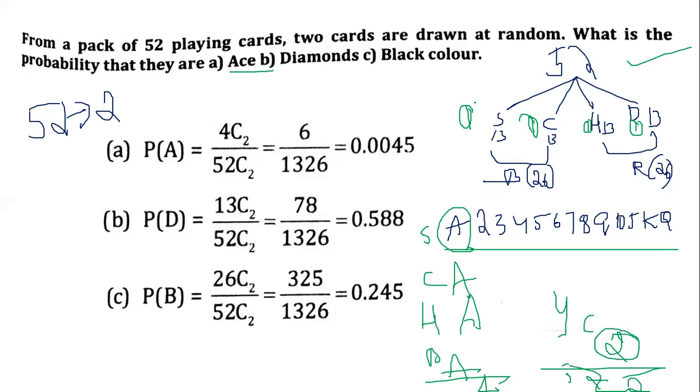You will have one ace card in each of spade, club, heart as well as diamond. So totally there will be 4 cards, and out of 4 I have to select 2 cards. So 4C2 you have to solve. Please solve these answers, don't just blindly write them.